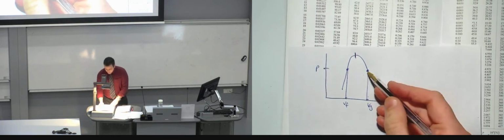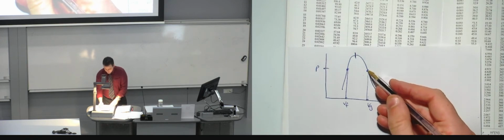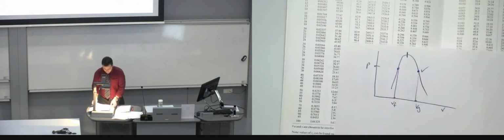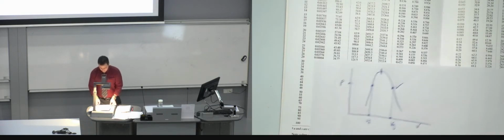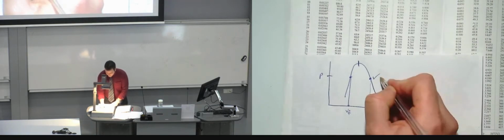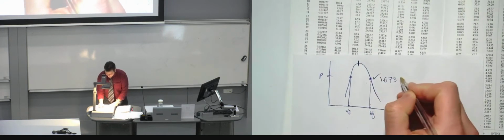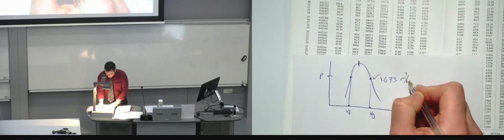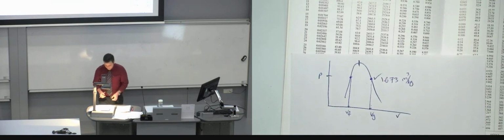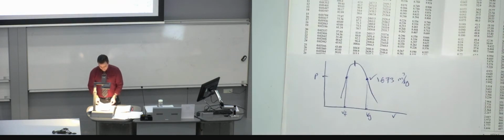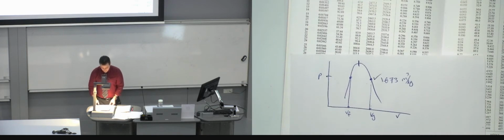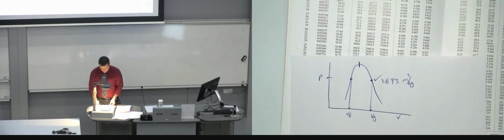So Vg is given to us in the table, so that is fine, and that is 1.673, and of course the units for that are meter cubed per kilogram. That's the inverse of density, but you already know the meaning of specific volume.